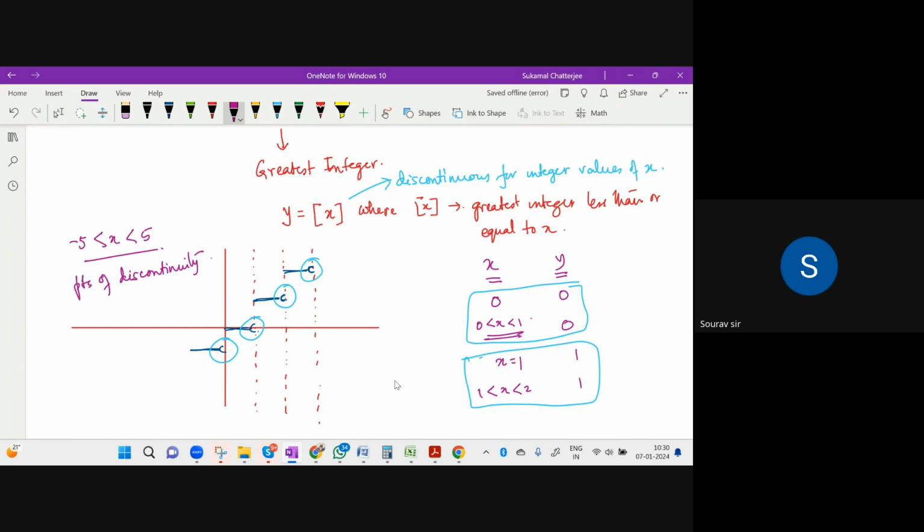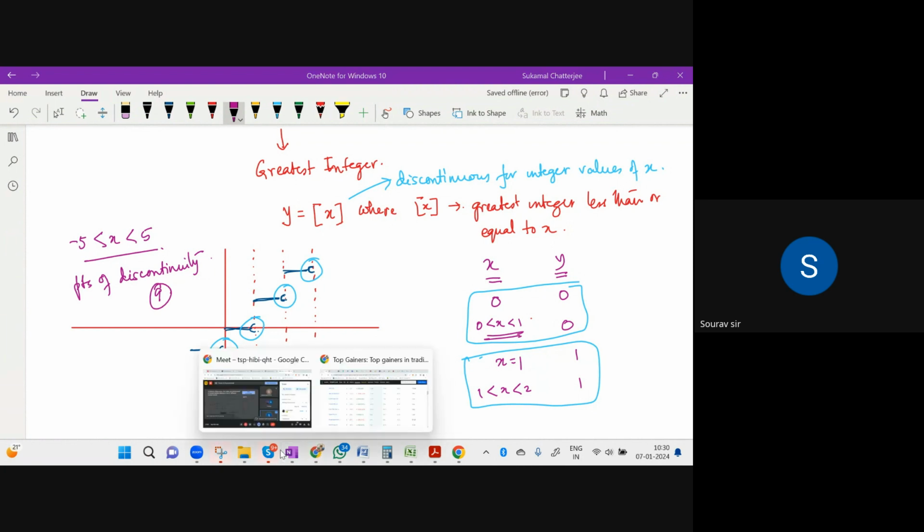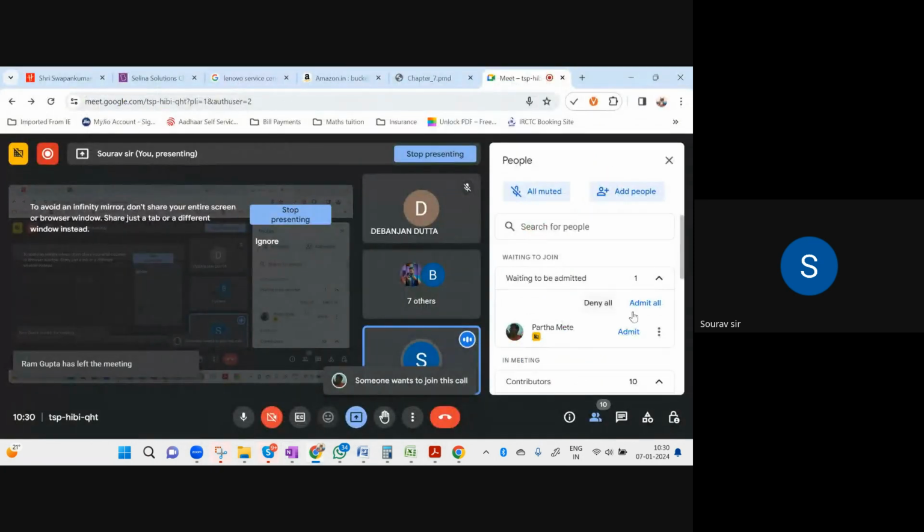Check how many integer values you have between these two ranges. -1, -2, -3, -4, 1, 2, 3, 4, and 0. So 9. So there are 9 integer values between these two values of x, right?